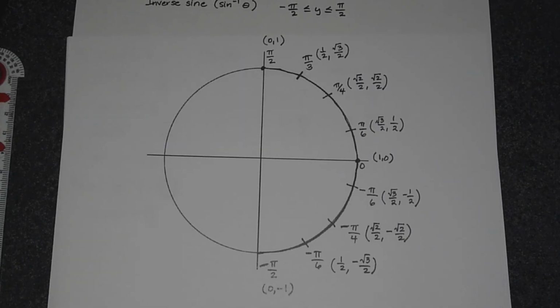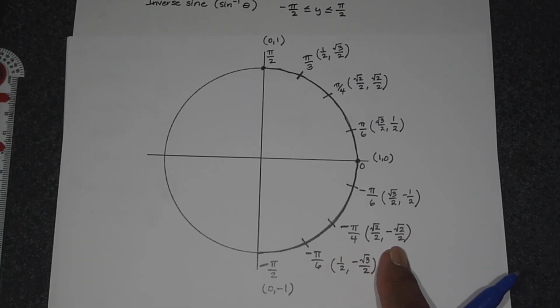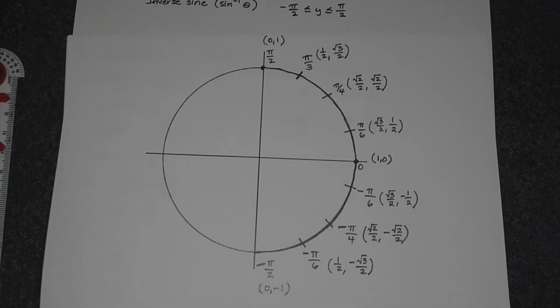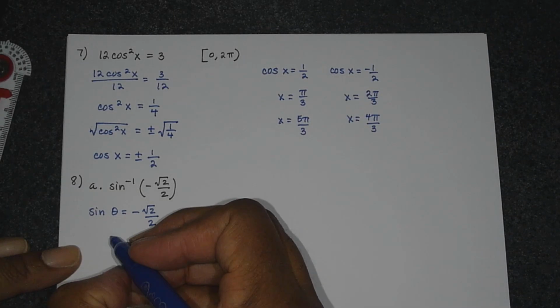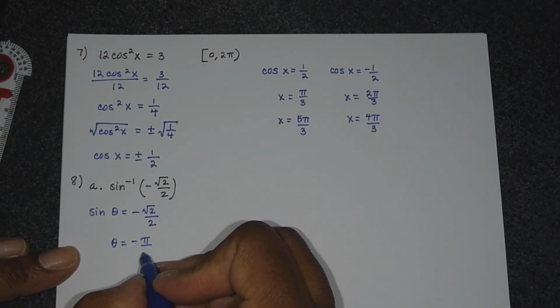What was that? Negative pi fourths. Okay. Because here's negative square root of 2 over 2 for the y-coordinate, which represents the sine. The angle measure corresponding to that would be negative pi over 4. So that means theta is equal to negative pi over 4.